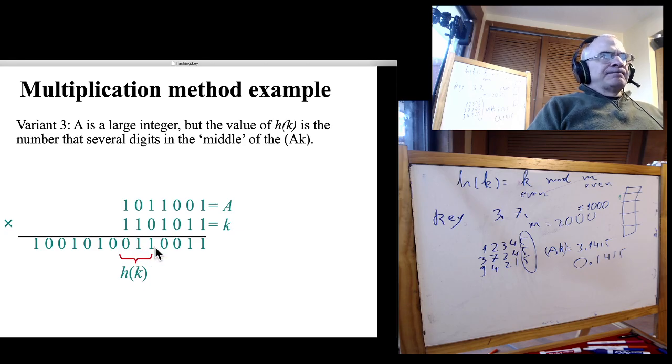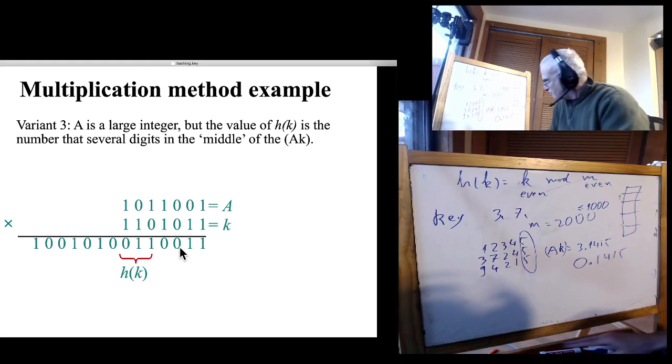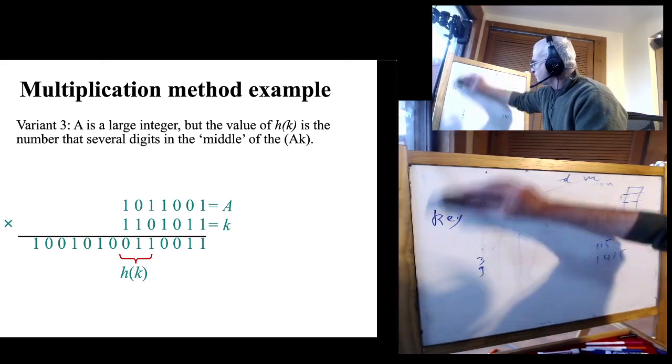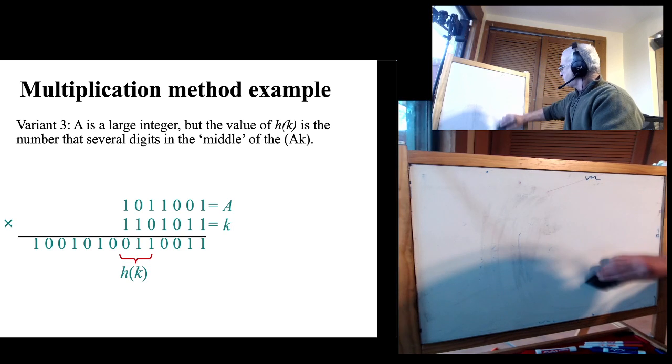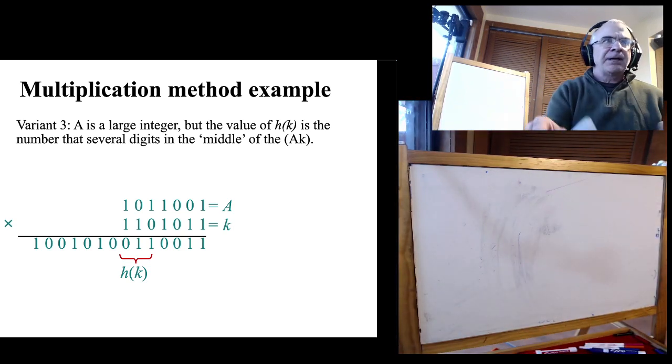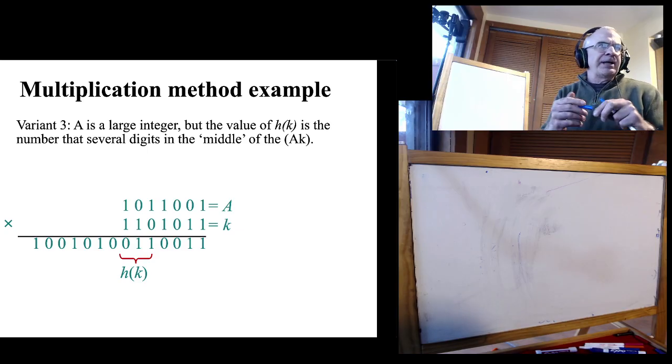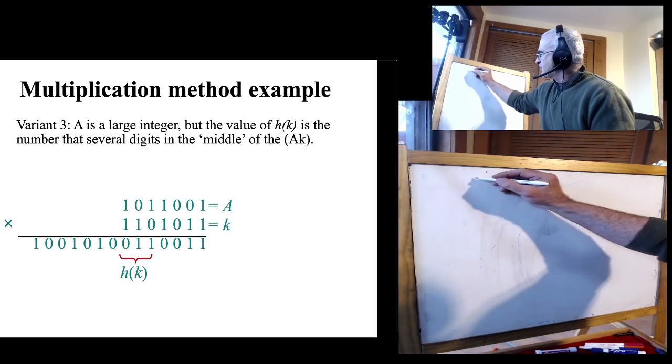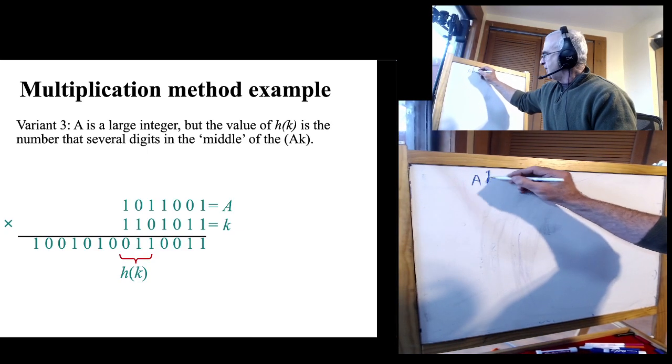Hacking question or C question. How can I take the first 3 digits? If I want the rightmost 3 digits, what should I do? So far I'm not using this intuition of taking it from the middle. I just want the rightmost 3 digits.